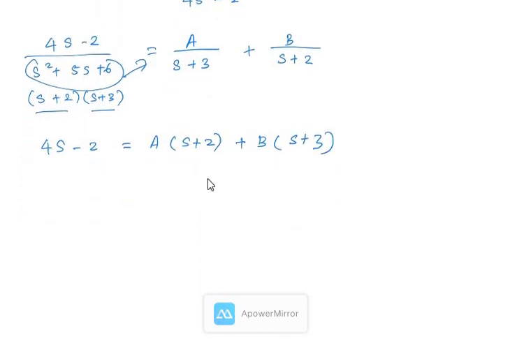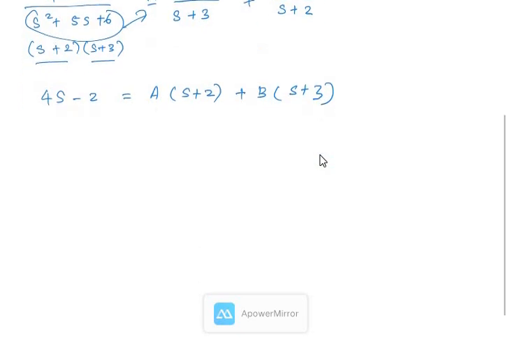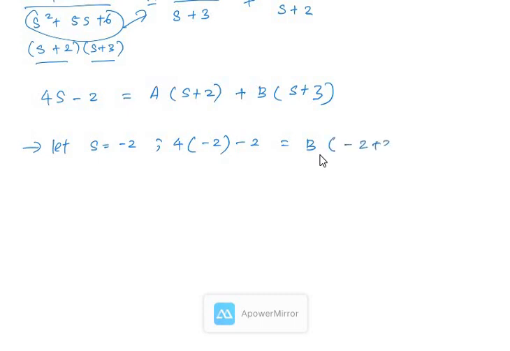So since the root here is the s plus 2, so s equal to minus 2 and s equal to minus 3, so I can assume s equal to minus 2 first. So I substitute s equal to minus 2 into the equation. So 4 times minus 2 minus 2 equal to B(minus 2 plus 3).